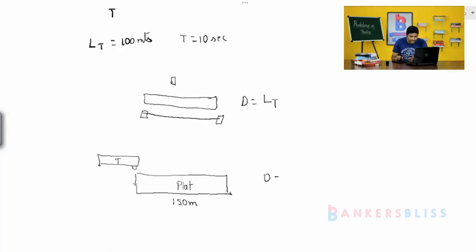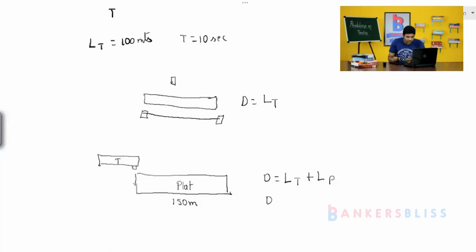So here we are going to take the distance as the length of the train plus the length of the platform. Therefore, distance is equal to the length of the train and the length of the platform.